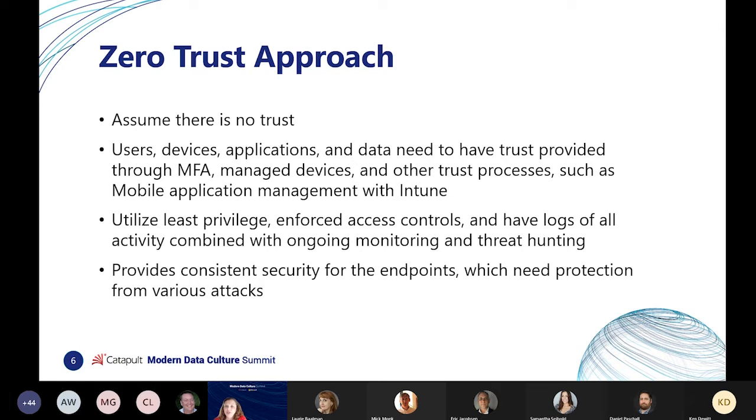So in terms of zero trust approach, and some of you may already be familiar with zero trust, we definitely start at the assumption that there is no trust. We're definitely going to look to, with zero trust, looking at our users, our devices, the data, the applications, and all the different aspects of things or users in our environment that are going to need to be protected.